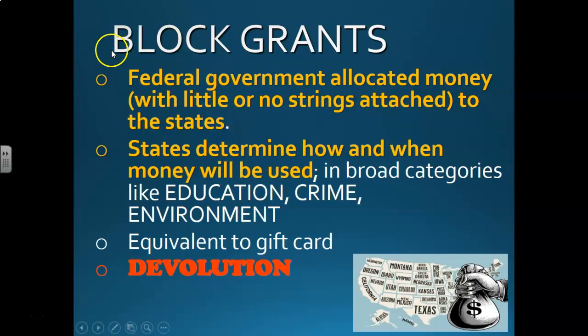Okay, so that's the difference. You're going to need to know the difference between categorical grants, formula grants, and block grants. And obviously categorical grants and block grants are very different, because no strings attached for a very broad topic, whereas categorical grants are very specific with strings and restrictions attached.